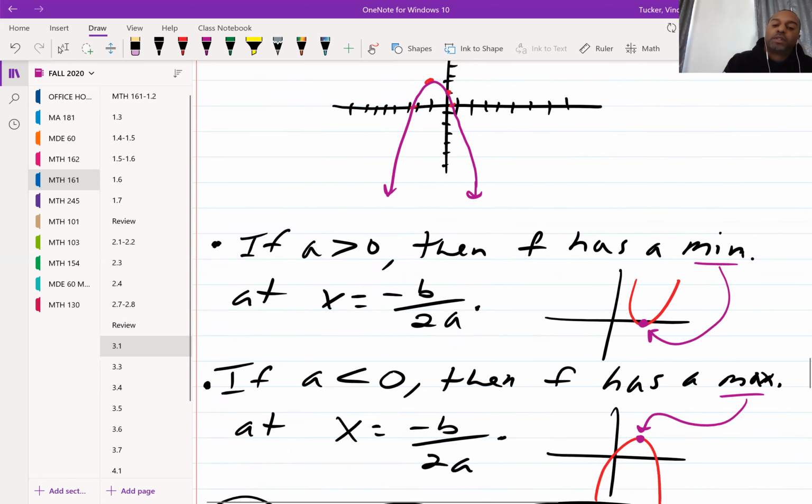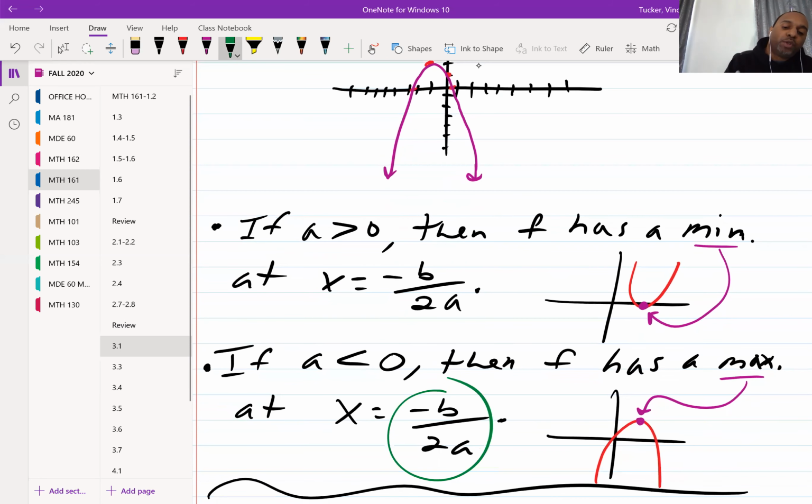And if it opened downward, then that negative b over 2a will be the x component of your maximum. All right.